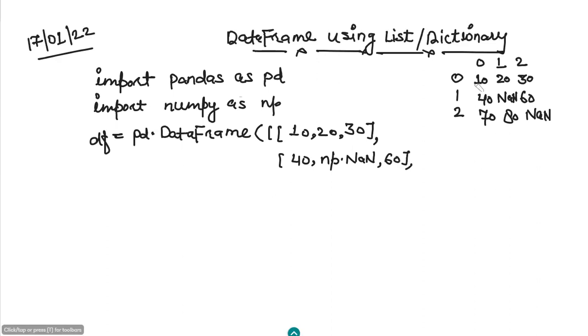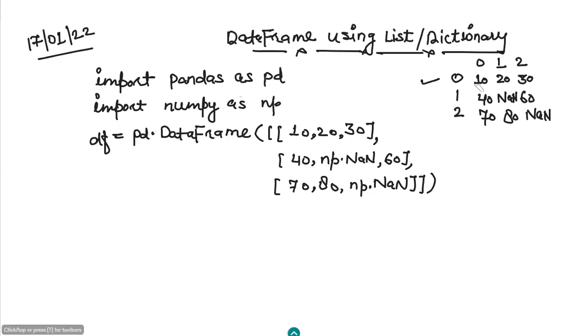Here we have created the second row, and our third row is what? 70, 80, and again a null value. We have to insert np.nan. Now after this, close all the brackets or the parentheses, right? In that way, we can create a data frame which looks like that, right?